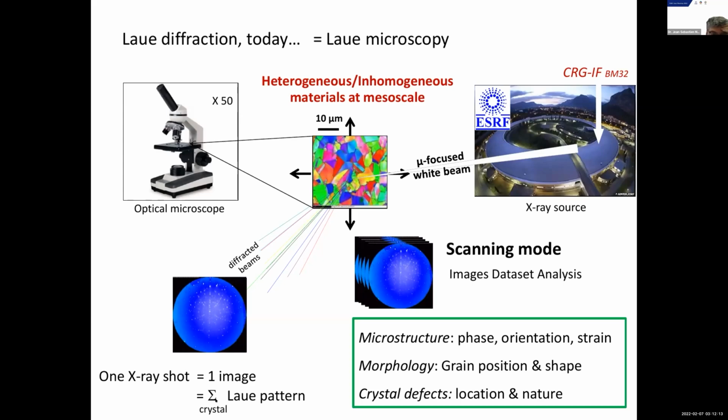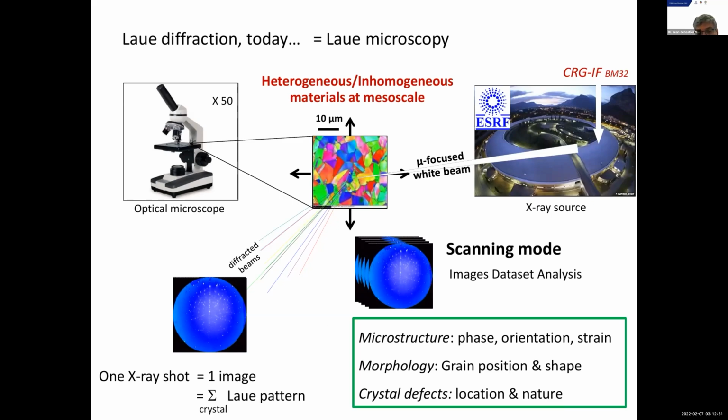So in a single image, we can have the incoherent addition, the superimposition, of several Laue patterns, and each Laue pattern comes from a single crystal.